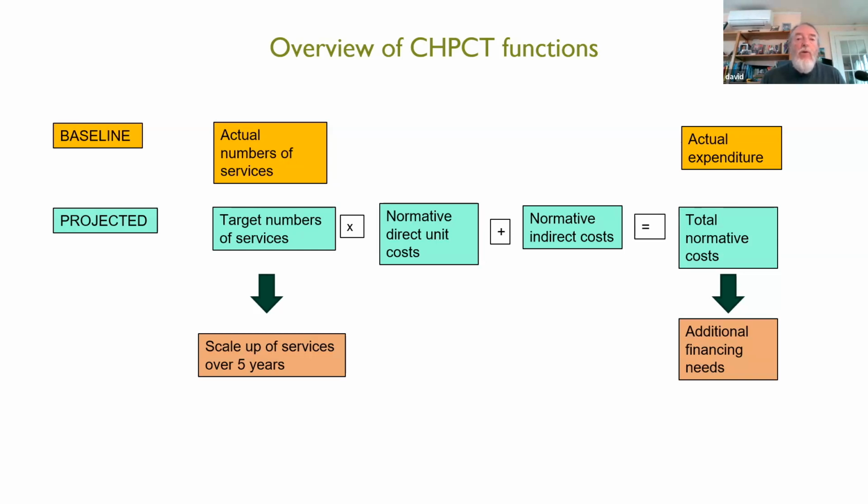And as we well know, this is often not the case in the field. So when we're comparing actual with normative, we're sometimes comparing a service that's not fully functional with the ideal, a service that will be fully functional.